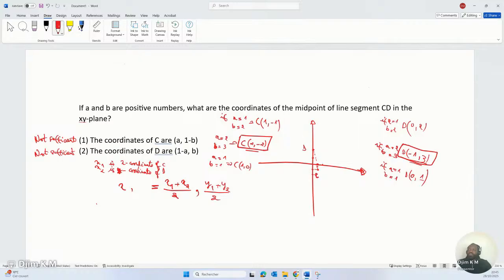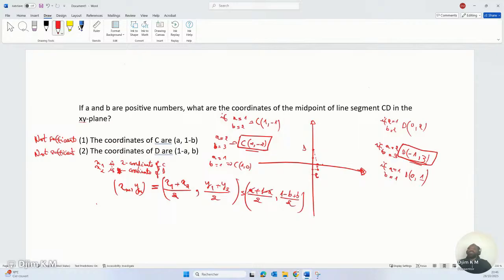So we could simply say, we know x1 is the x coordinate of C, which is A, plus the x coordinate of D, which is 1 minus A, divided by 2, and the y coordinate of C, which is 1 minus B, plus B divided by 2.